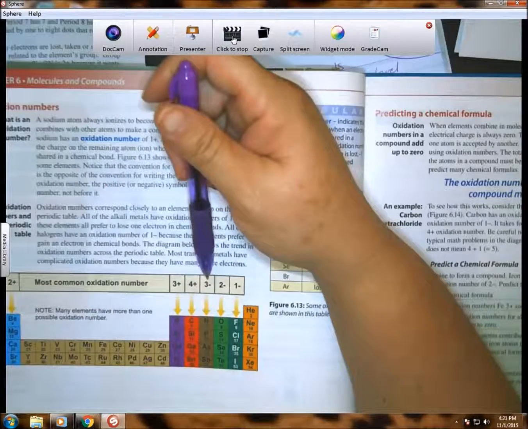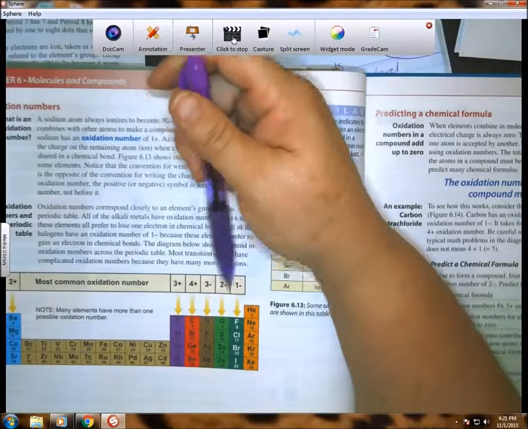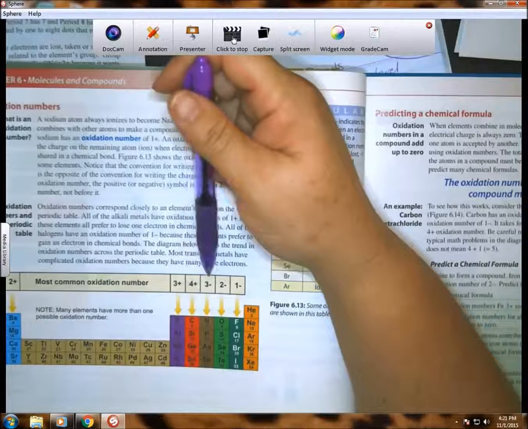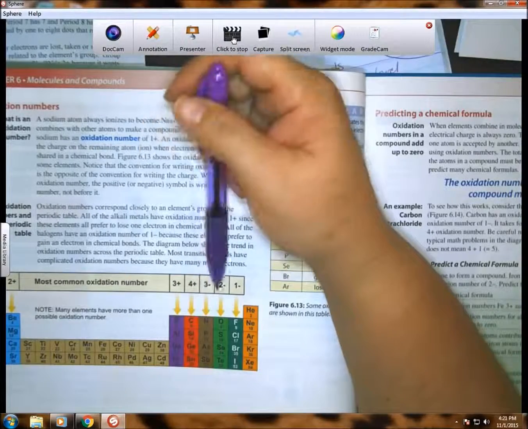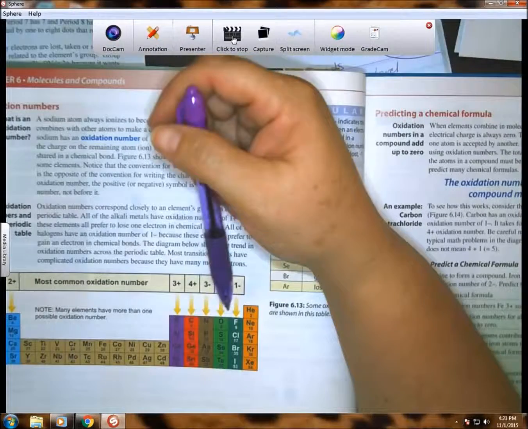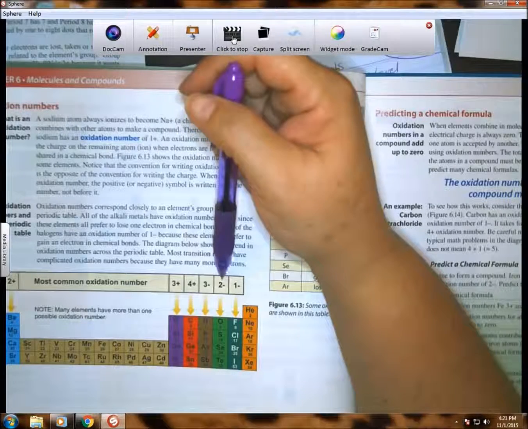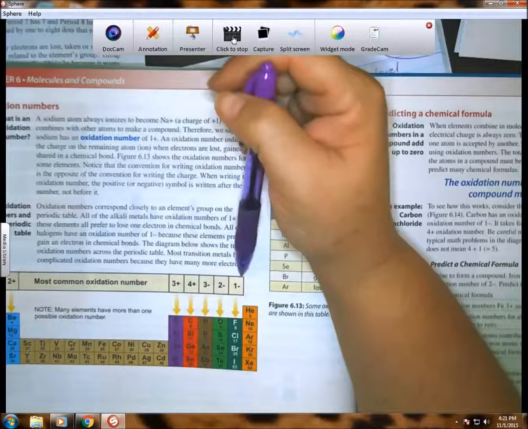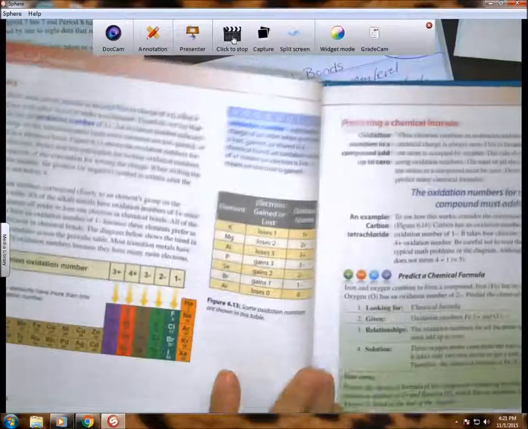Group 15 is 3 minus, 16 is 2 minus, and 17 is 1 minus, because group 15 is trying to find 3 electrons, which gives it a negative charge of 3. Group 16 is trying to find 2 electrons, which means it's going to have a charge of negative 2. And group 17, or halogens, are trying to find only 1 electron, so once it finds one, it will become negatively charged by 1. Okay, I think you guys understand that.